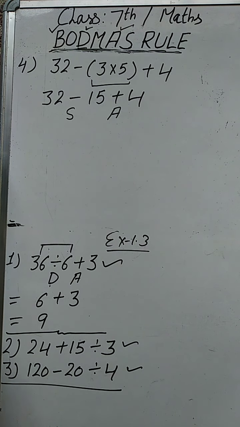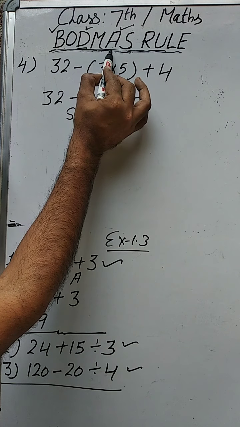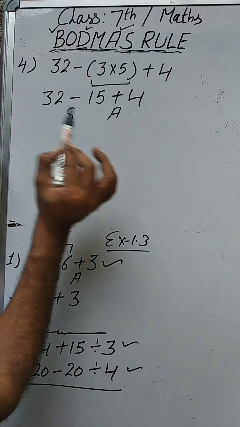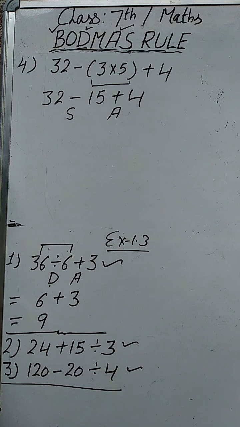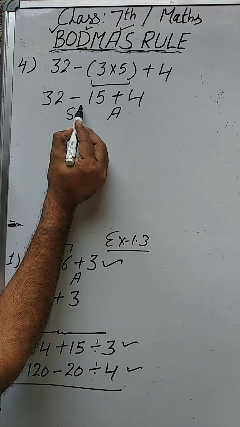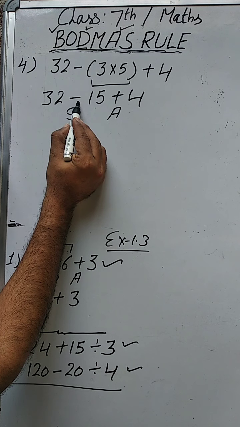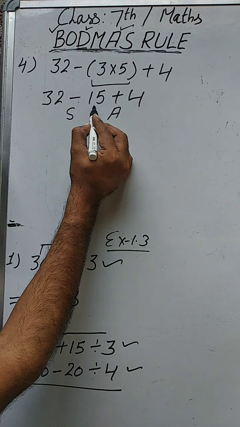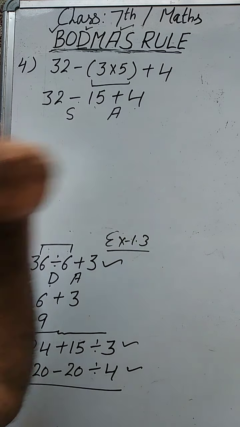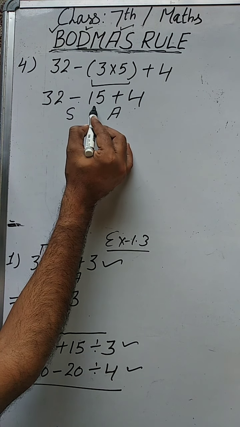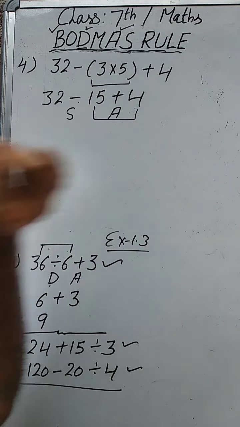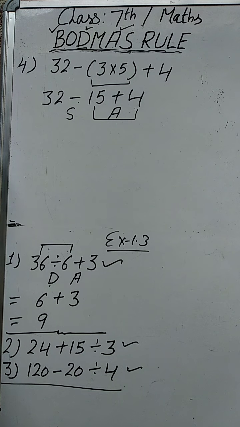Which will we perform first? A comes first than S, so you will perform addition first. But beta look here, 15 is in minus, so you can't add 15 plus 4.